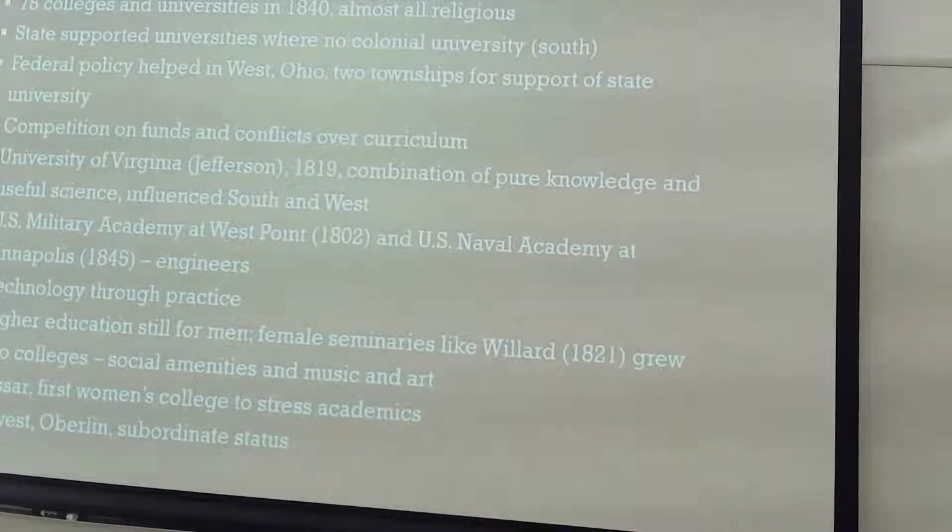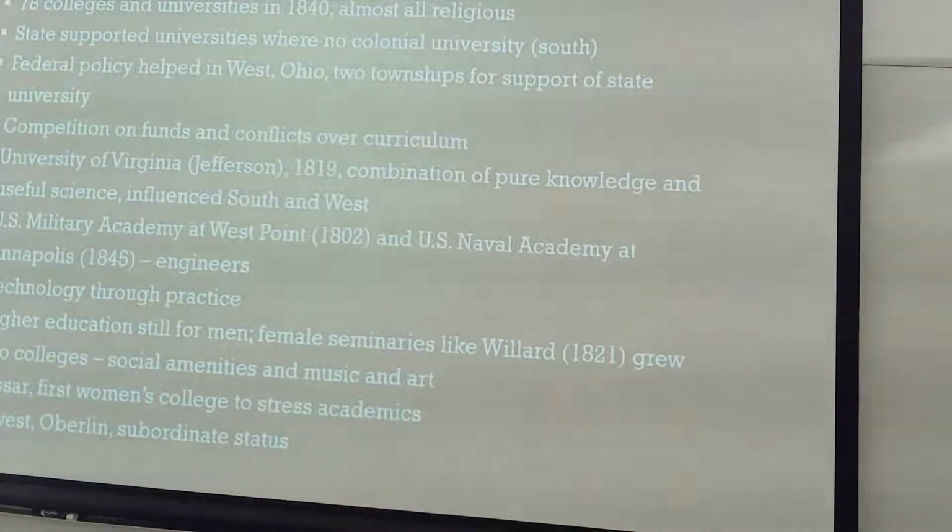But you're starting to see a more modern college system develop. The University of Virginia, which was Jefferson's school, the school he sets up, combine pure knowledge with practical knowledge.